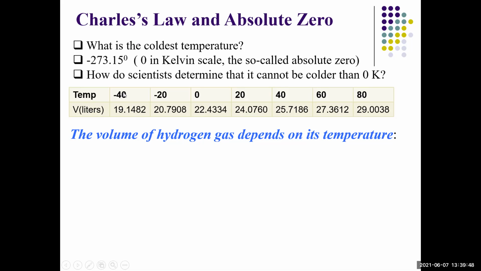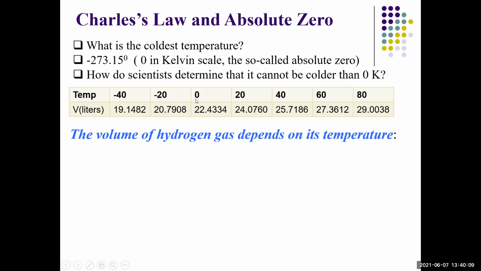So if they take this air, they measure the volume of the hydrogen, and let's say at 19.14 liters, the temperature is negative 40 degrees. At about 20.79 liters, the temperature is negative 20.